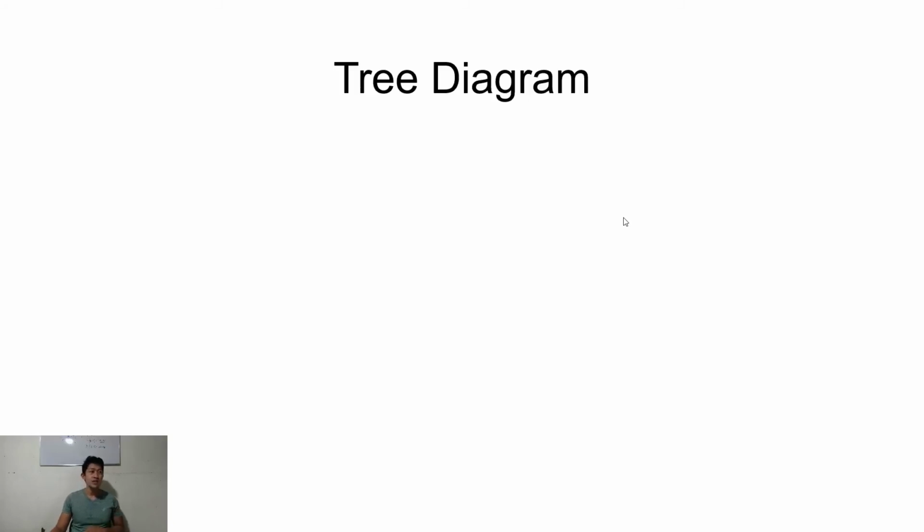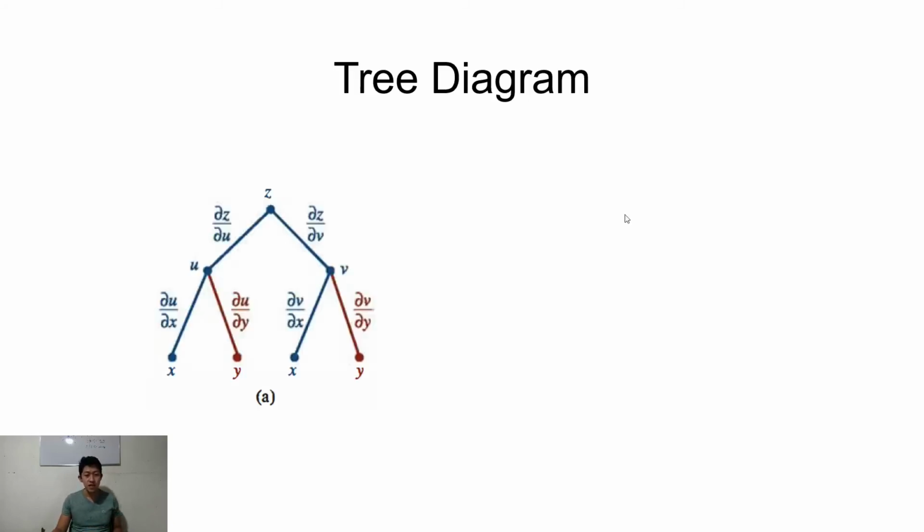Kapoy mag-memorize, so naa kay tree diagram, no? Sample kani, ang z nimo function of u and v. So, imong buhaton is, sulat nimo ang z, function man sa duha ka variable, so butang nimo ning duha ka bracket, u and v.